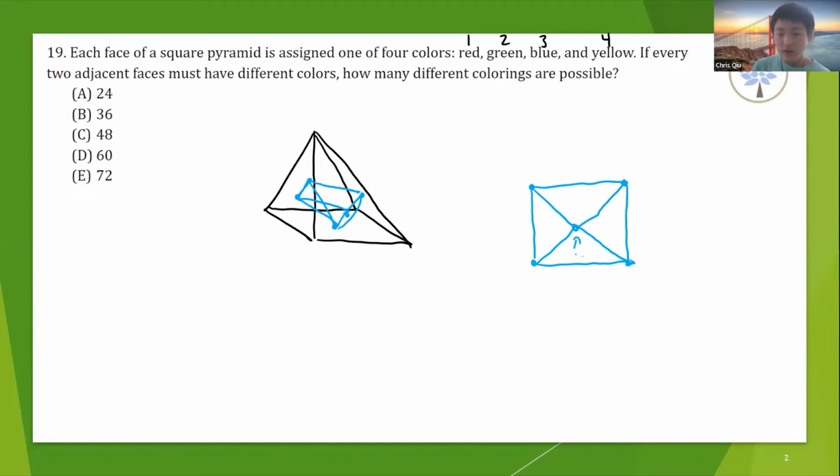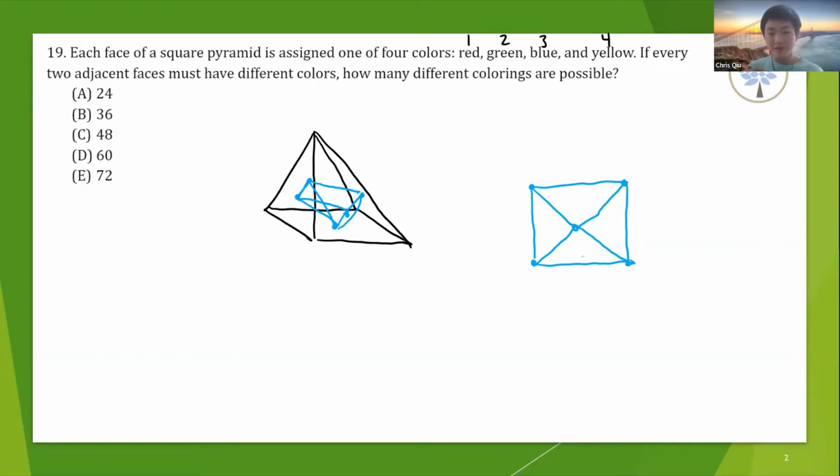So our central vertex is going to be the base of our square pyramid, and our 4 other vertices, which are this one, this one, this one, and this one, these 4 are going to be our lateral faces of our pyramid.